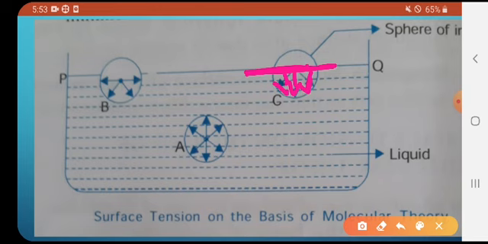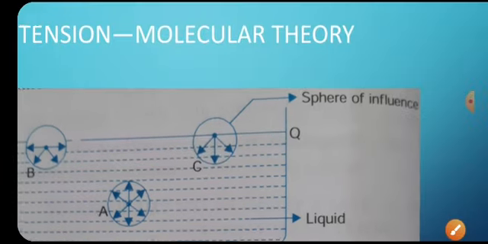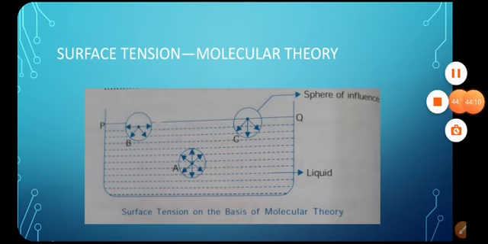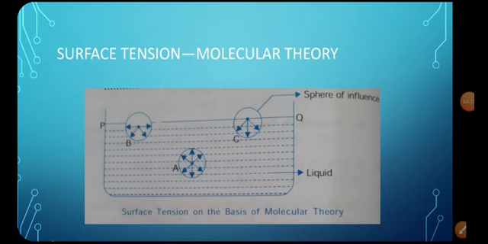Based on this sphere of influence, based on molecular theory, we can explain surface tension. This is the most important concept to understand surface tension: how molecules attract neighboring molecules and how the upper layer of the liquid behaves like a stretched membrane.